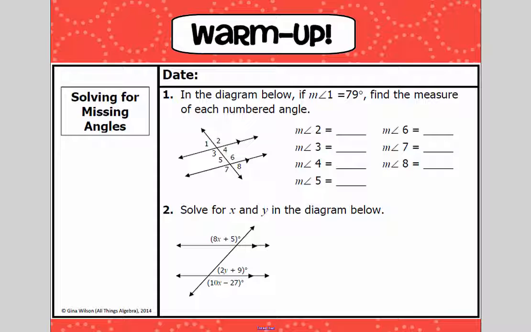Okay, so they tell us that the measure of angle 1 is 79 degrees. So I'm going to go ahead and write in 79. And I'm going to use my obtuse and acute trick. That should be acute.